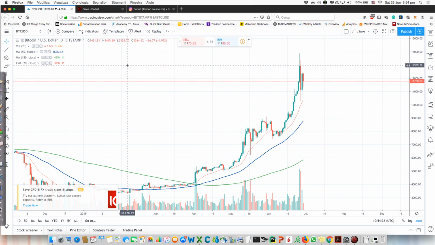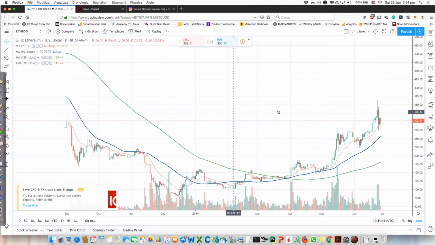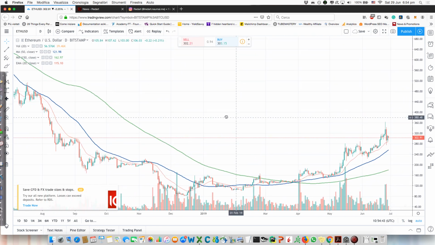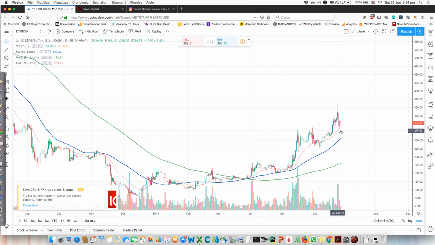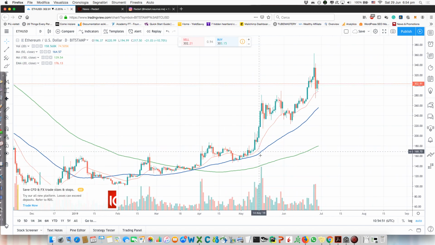And if you look at Ethereum instead, these are the two cryptos that basically I buy. Ethereum, the chart is similar, but here it is not as far as Bitcoin. Okay, so here, for example, the ideal time to buy would have been, of course, around here.